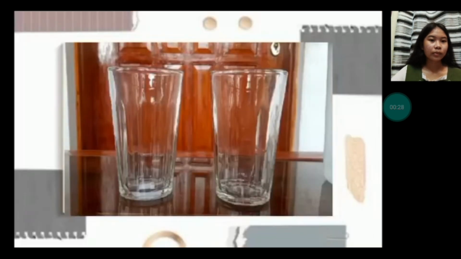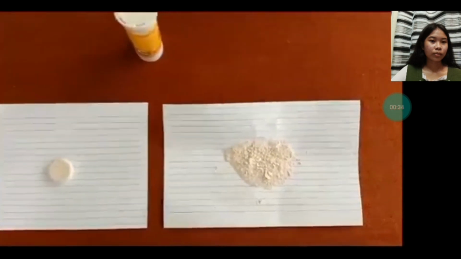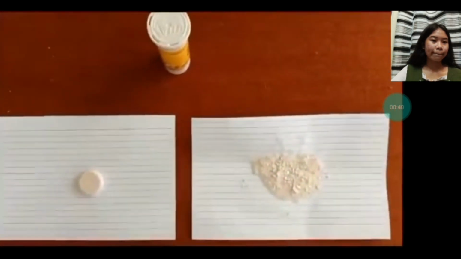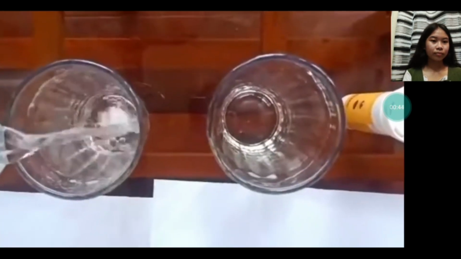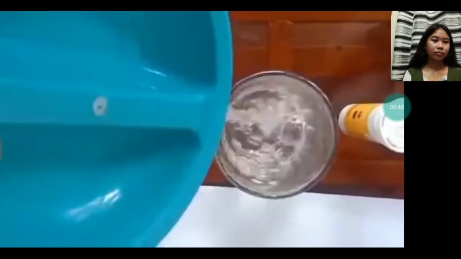So here we have two clear glasses, two tablets of vitamin C, one of which is pulverized, while the other one is a whole tablet. This is the comparison of the surface area, and we need to put water first into the two clear glasses.